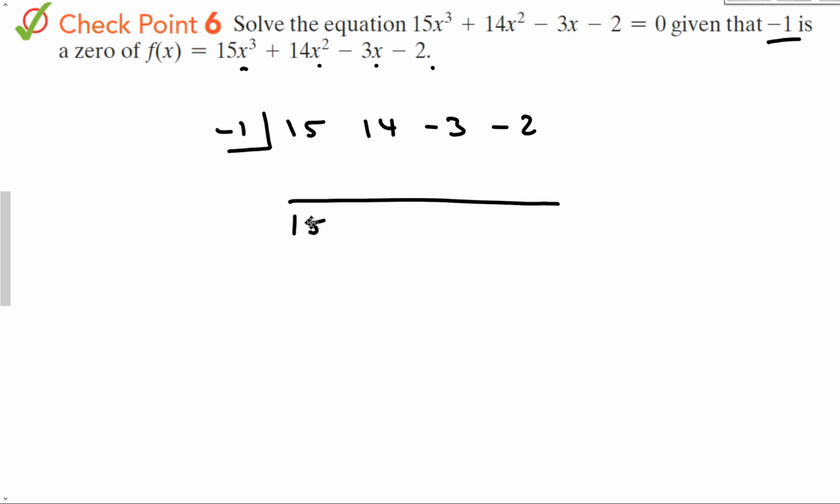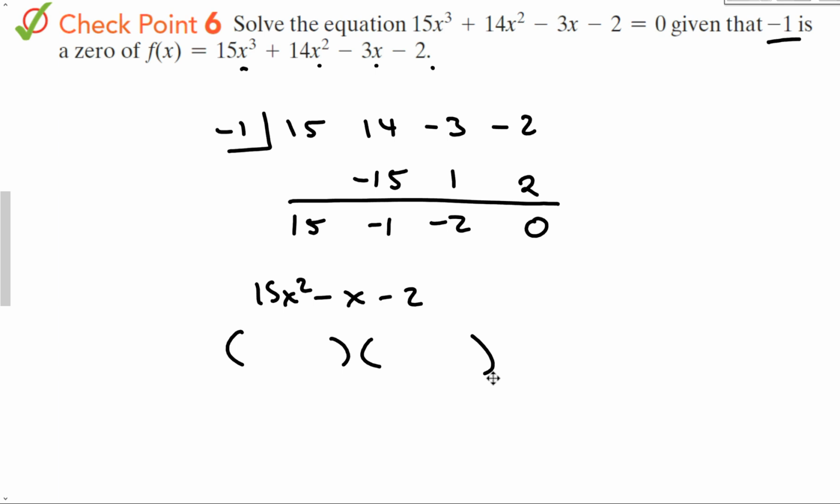Bring down the 15, multiply, add, multiply, add, and multiply. And if you didn't get 0, you probably should check your work, because I don't think the question is going to lie to you. Right? So it's given that -1 is a 0. The reason why we actually did this is to get my resulting equation, 15x squared minus x minus 2.